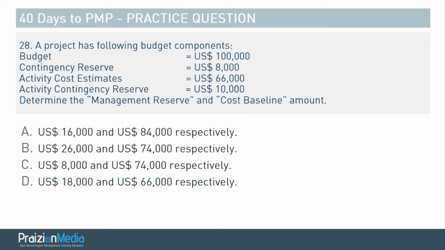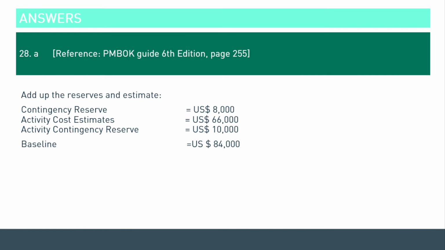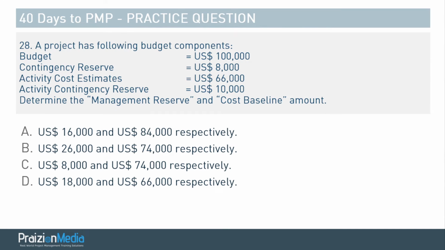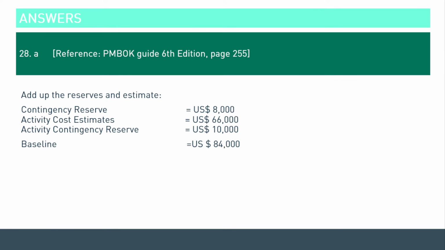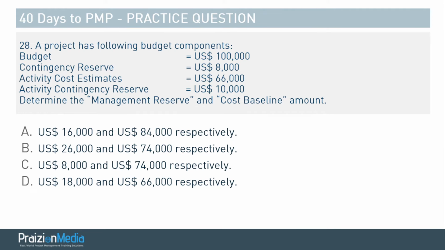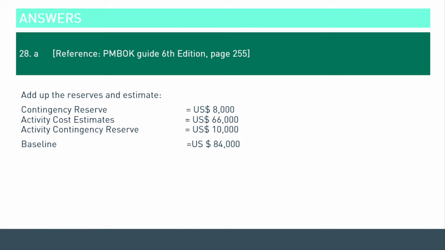The answer to this is A. If you do the math, you realize that the baseline amount is 84,000, and because of the information you had in the beginning of 100,000 being the budget, minus baseline will give you that 16,000 that is the reserve. All right, so one more time, the management reserve is 16,000. That's 100,000 minus 84,000. And then the cost baseline is 84,000.